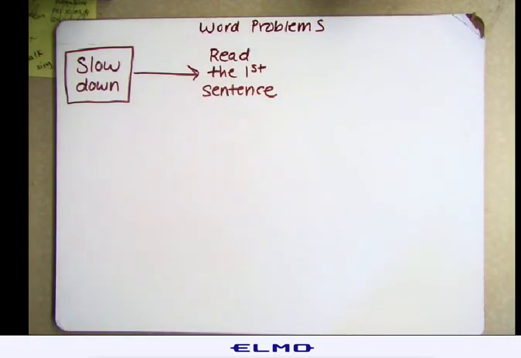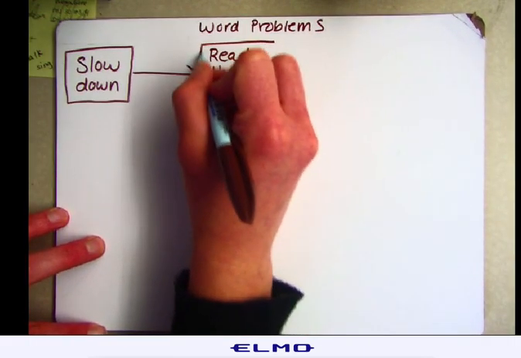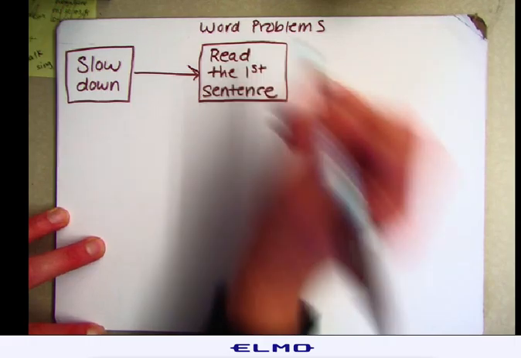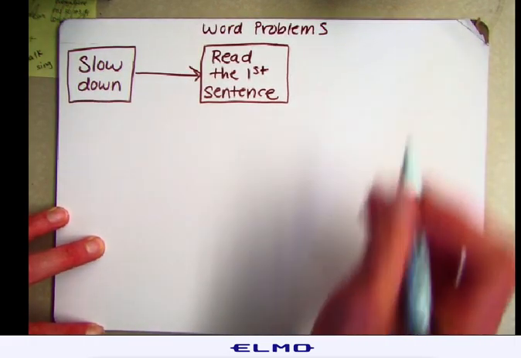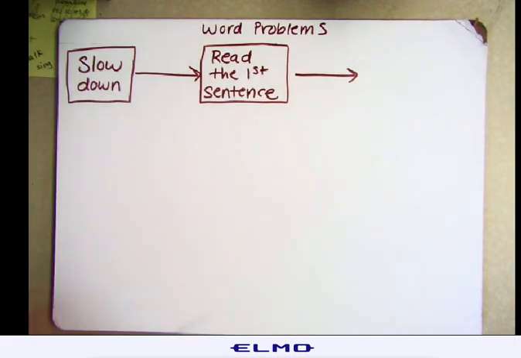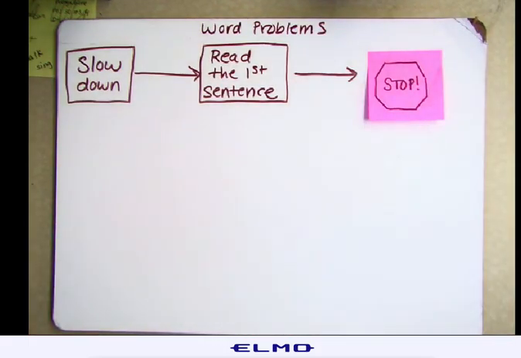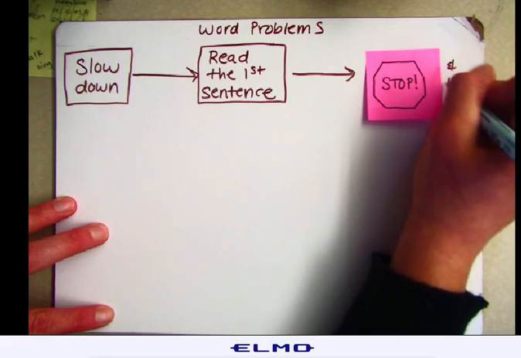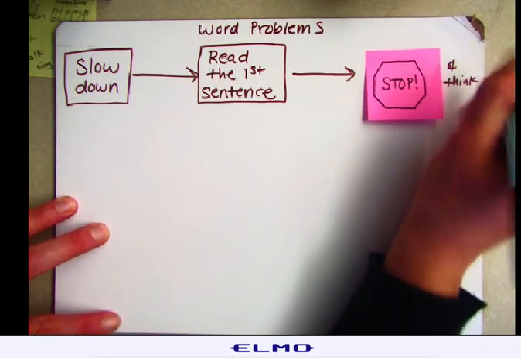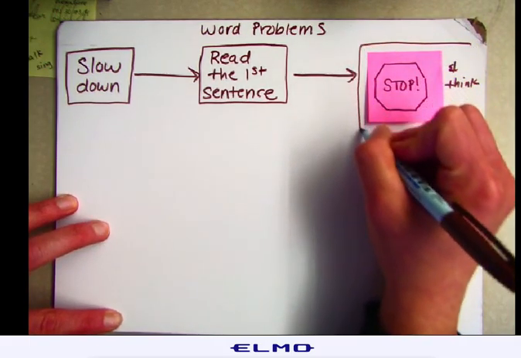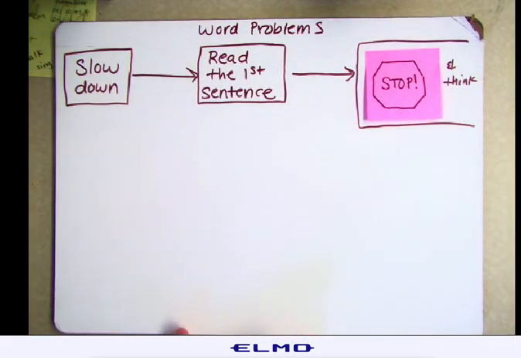Usually word problems have more than one sentence, so we're going to break it down bit by bit. After we read the first sentence, we are going to stop in the name of the squirrel and think. We're going to put our thinking caps on, and we are going to put it in our own words so we can really understand what's going on in the story.